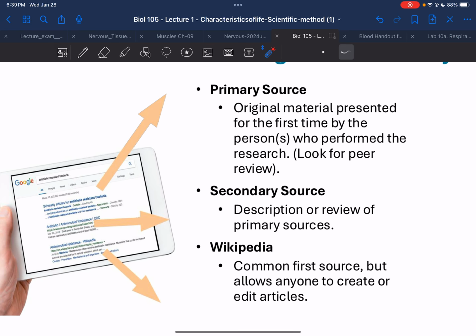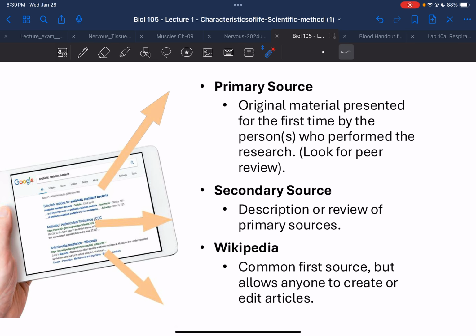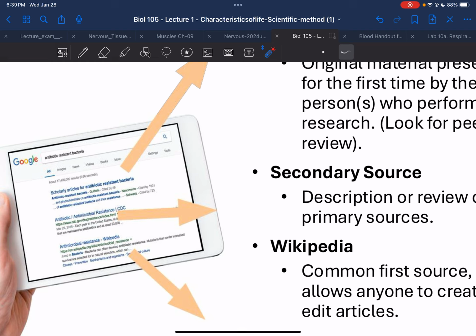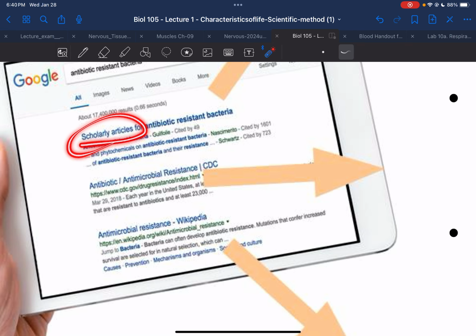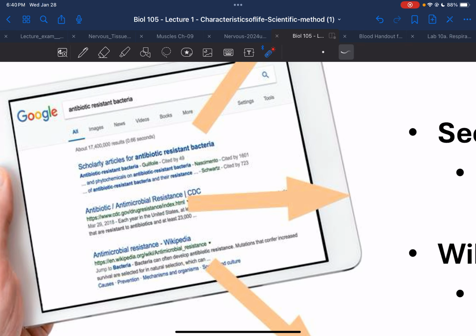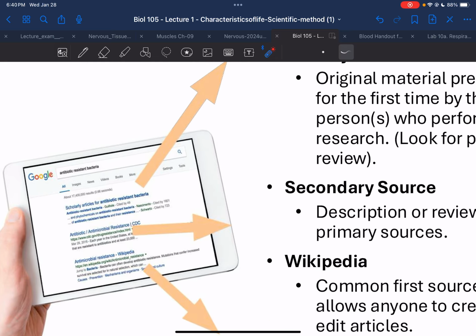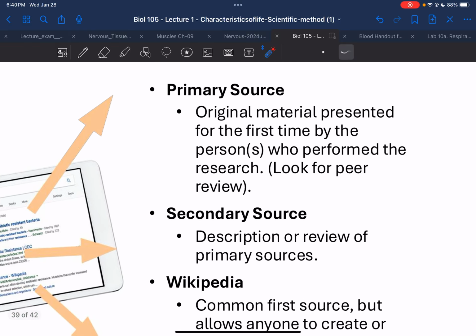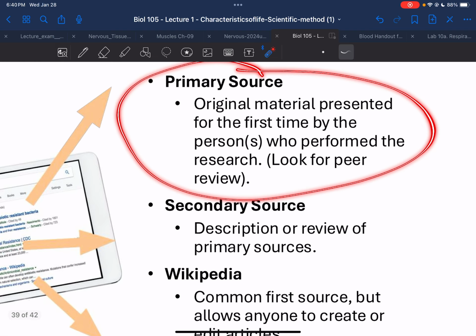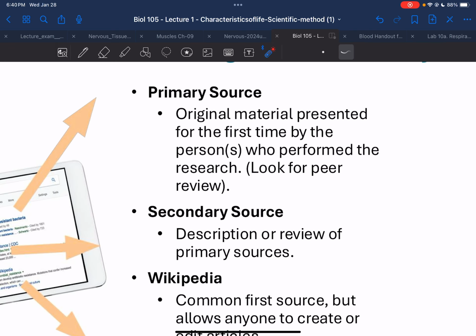And the last thing to add is all these journals that I'm talking about, science and data, these will usually be scholarly articles, right? You normally have to go to Google and write Google Scholar in the search bar and it'll take you there. And the scholarly articles, usually it'll tell you where they come from, the university they come from. It's always somewhere in that writing. And primary sources are pretty much researchers and scientists.